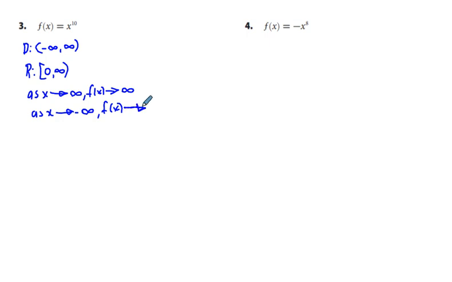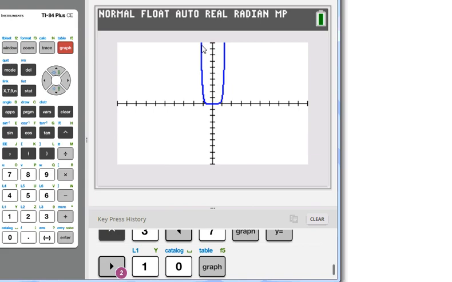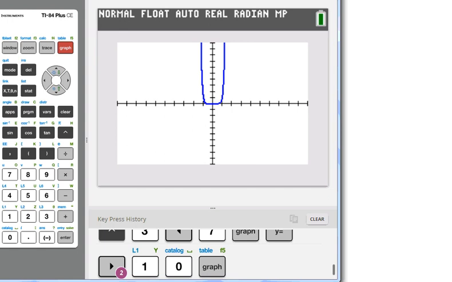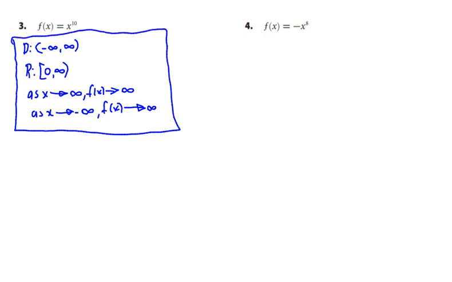No. We are approaching infinity as x increases toward infinity and as x decreases towards negative infinity. So we start high, end high. That is an even function. So this is problem 3. Boxton is correct.